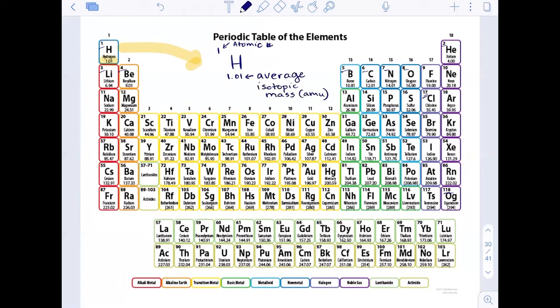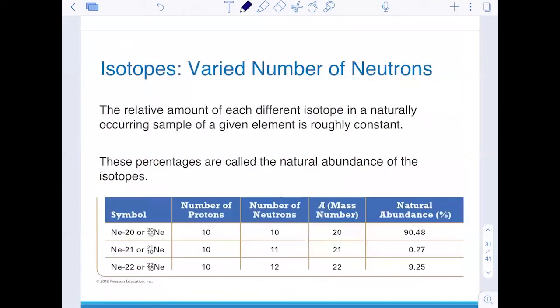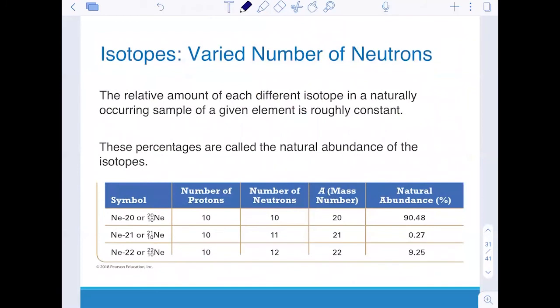Well, that's not true anymore because we have isotopes. Isotopes are varying numbers of neutrons. And when different atoms of an element have different numbers of neutrons, they could have the same proton count. I'll give you a couple of examples in just a second, but those relative numbers of neutrons could be different, and it actually changes the mass, it changes the physical properties, it changes everything about the element.